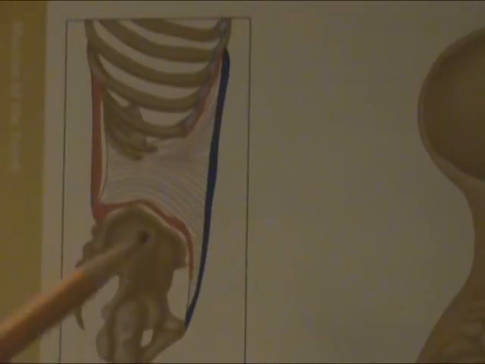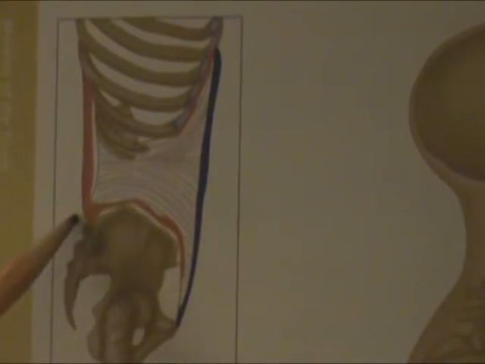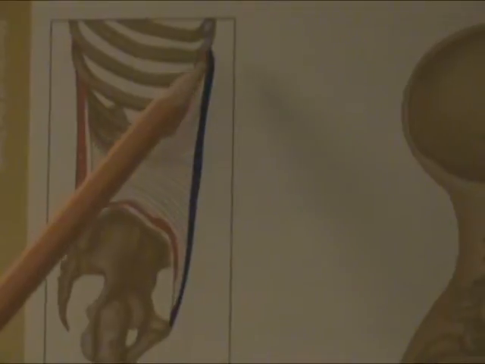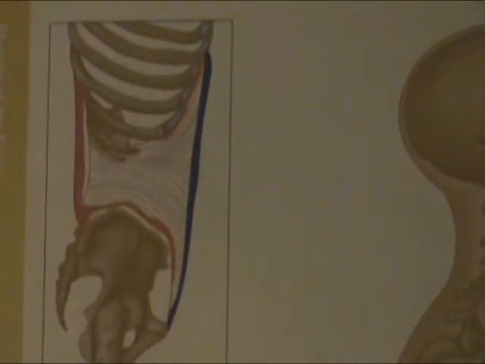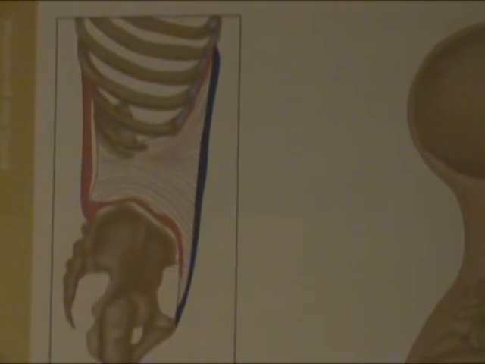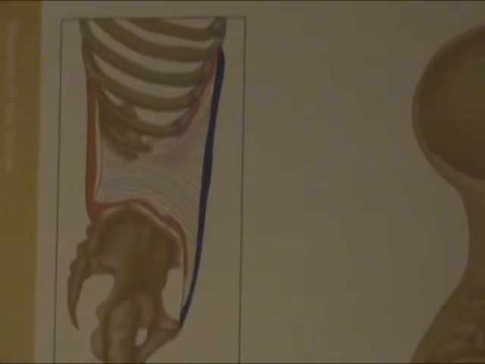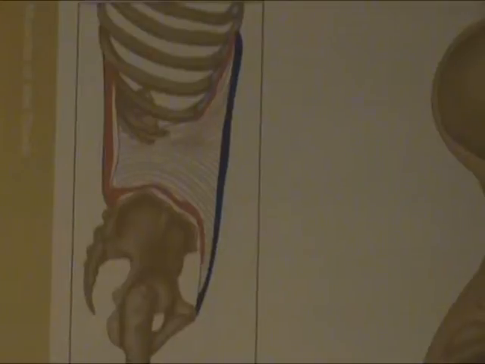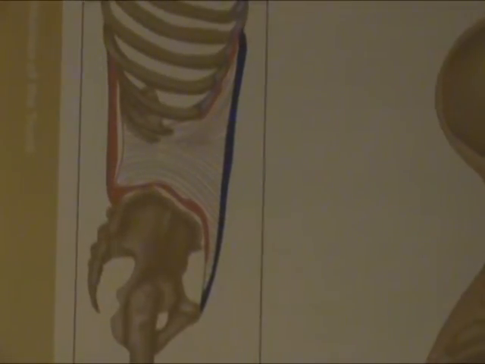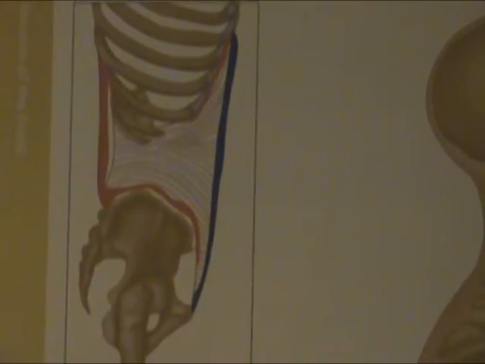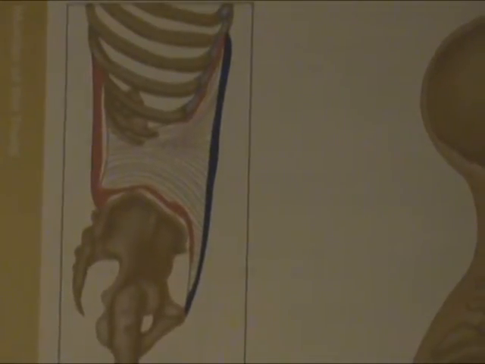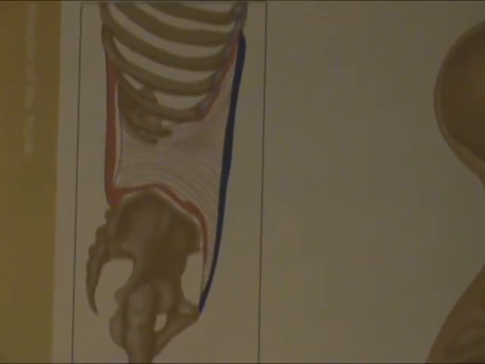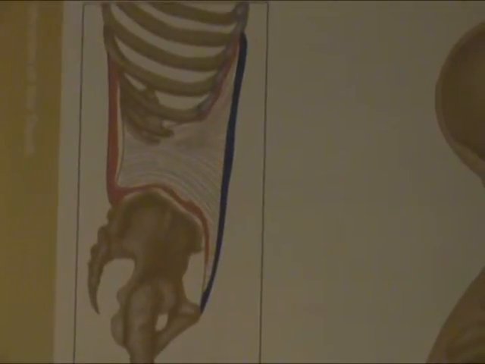You can see all of those origins very clearly in this picture. The insertion is the linea alba and the pubic crest. The joint associated with this would be the abdomen, and the action is to compress the abdomen.